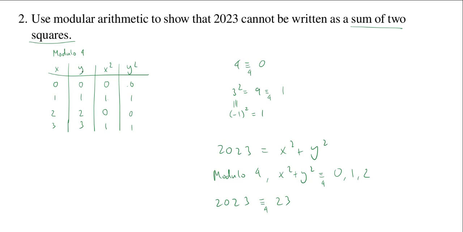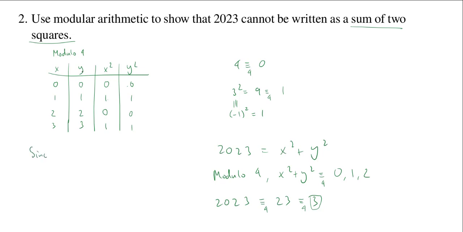And now, if I reduce again modulo 4, let me get rid of 5 4s, get rid of 20. I get down to 3. So 2023 is congruent to 3 mod 4, and that is the one residue that x squared plus y squared cannot be.